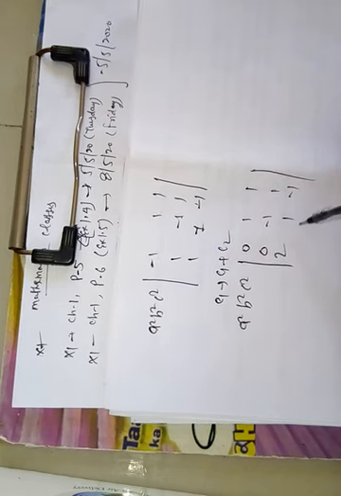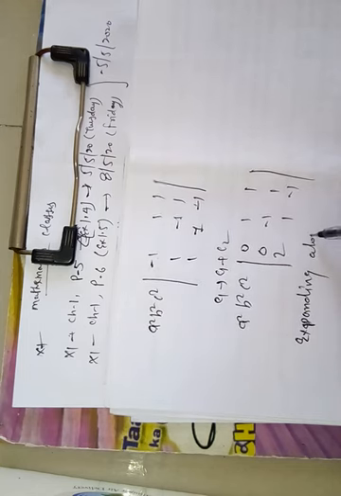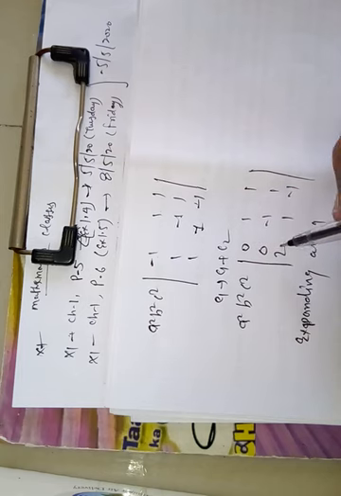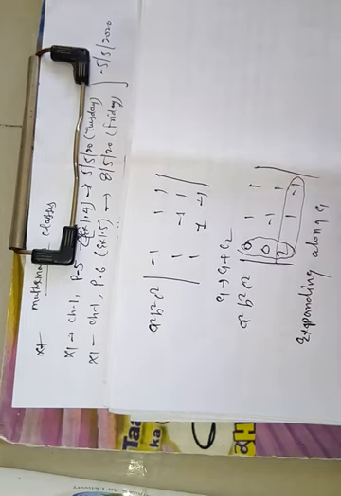Expanding along the column or row that has more zeros. This has 2 zeros, so we expand along C1.